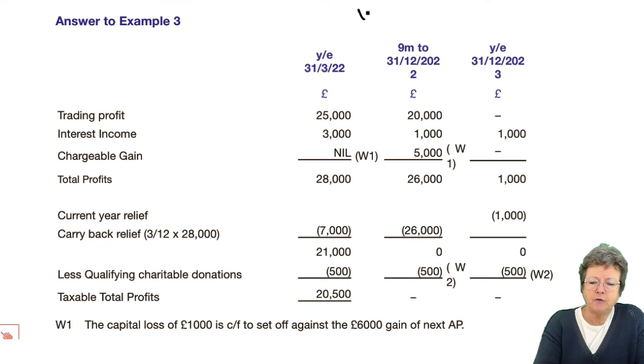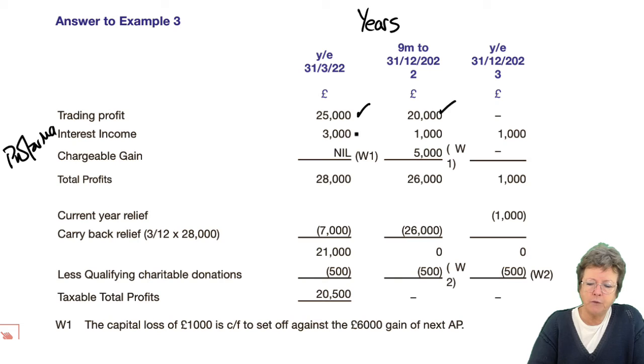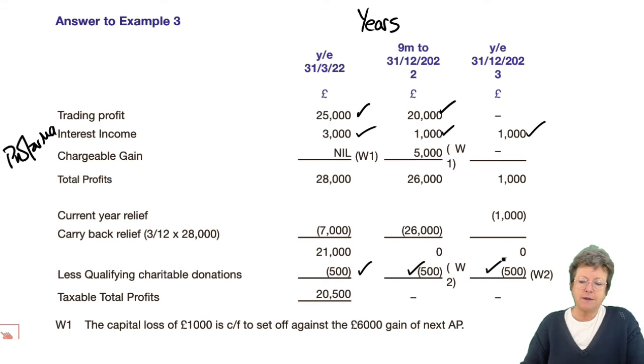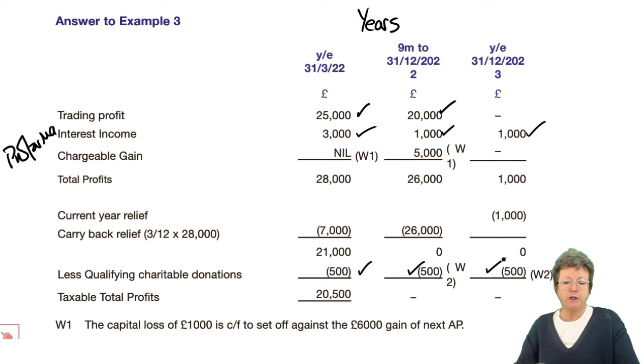We've got the years across the top and we've got the pro forma down the side and we've copied 1, 2, 3, 4, 5, 6, 7, 8 things. A couple of marks for each. So you probably get half a mark for that row, half a mark for that row, and half a mark for that row. Nice, neat, well ordered, well set out pro formas.